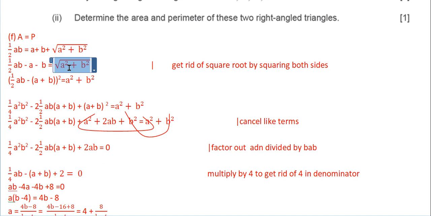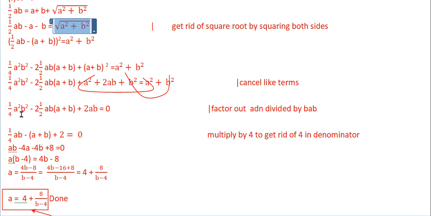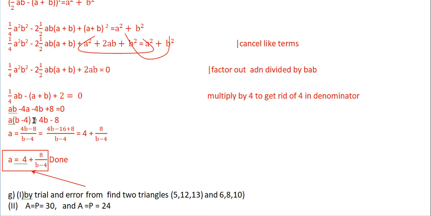Then we get rid of the square root on one side by squaring both sides. Then we simplify by ab. And finally we get this formula, which can be transformed by easy subtraction of 16 and addition of 8. We got what is needed, so this is proved.